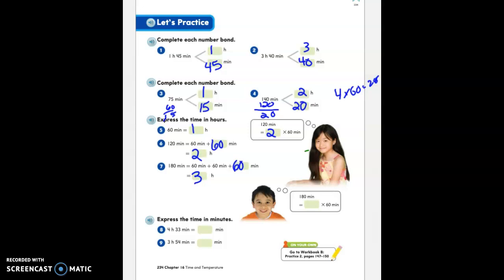So I'm going to take 240 and add 33. 273 minutes. And then 3 hours and 54 minutes. I know that 3 times 60 equals 180, and then add 54 to that.